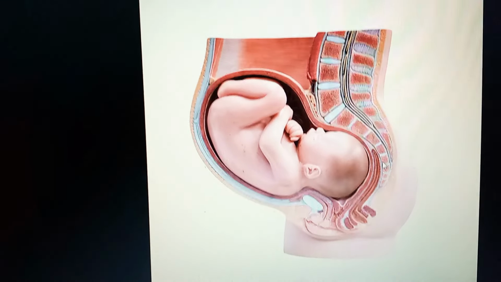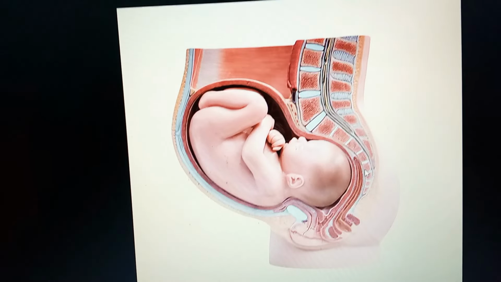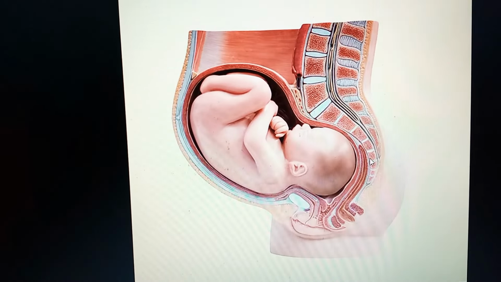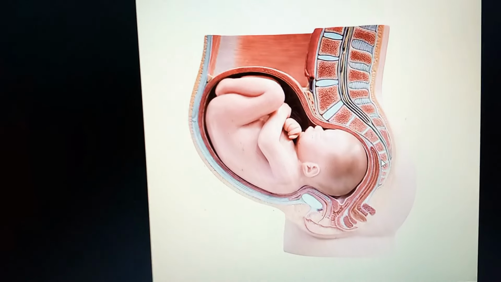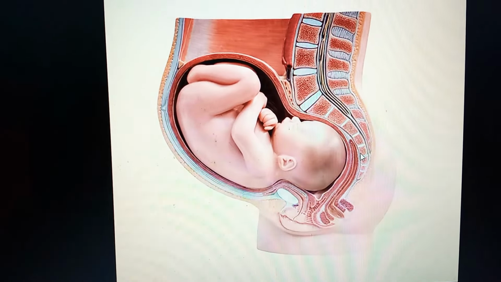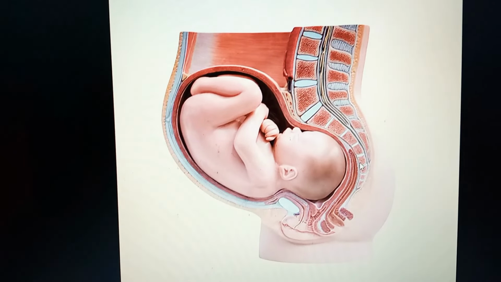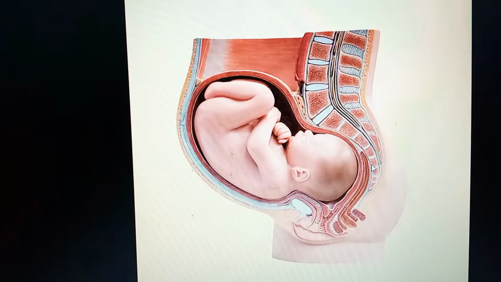Then there can be neonatal asphyxia, cerebral damage, fetal distress, maternal distress, and infection because of the membranes which tend to rupture early. So those were some of the complications of obstructed labor.